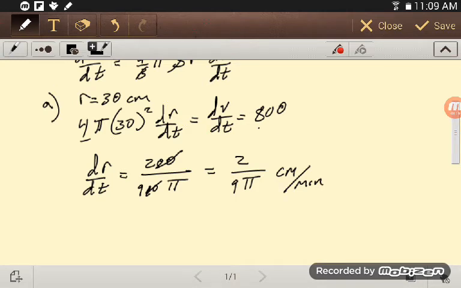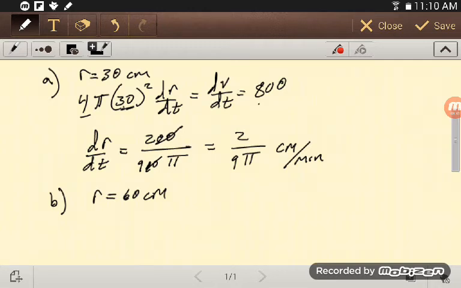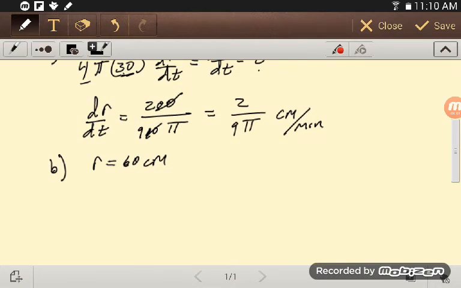Okay, there we go. In part B, the only thing that changes is that now r is 60 centimeters. But it appears that the volume is changing at that same rate. And so in this case, we have that 60 squared pi dr/dt is equal to 200.